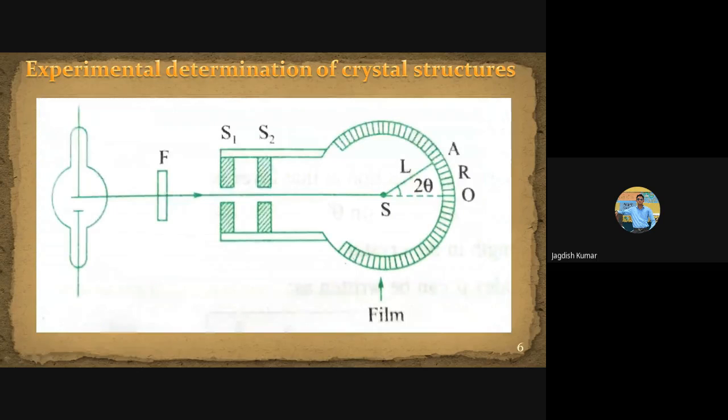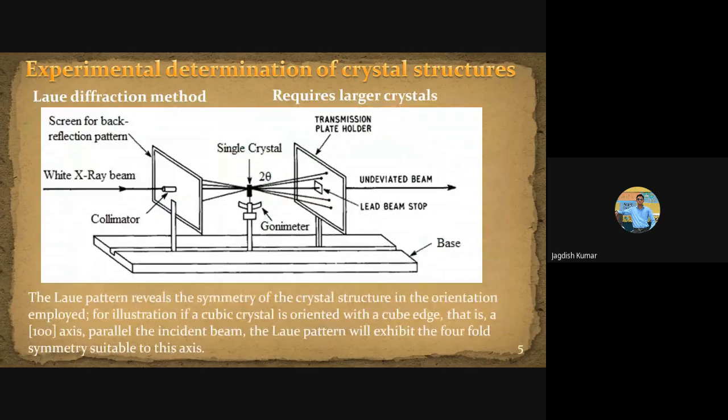Why would you see the fourfold symmetry? This is related to the relation between real space lattice and reciprocal space lattice, isn't it? So if you have a 2D square lattice, for example, how will be the reciprocal lattice of this? That is also going to be a 2D square lattice. The reciprocal lattice for a 2D square lattice in real space is also a 2D square lattice, and each point in the reciprocal lattice is representing what? One Bragg peak, isn't it?